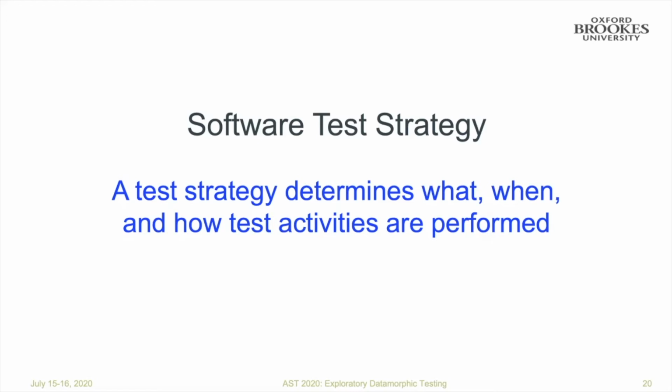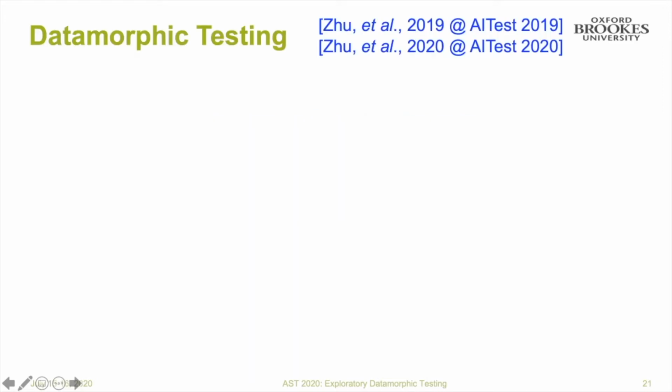He proposed a set of test strategies for manual testing of GUI-based systems. It is still an open question if software test strategies can be automated. The solution we offer here is datamorphic testing. It is a technique we proposed a year ago for testing AI-based systems.